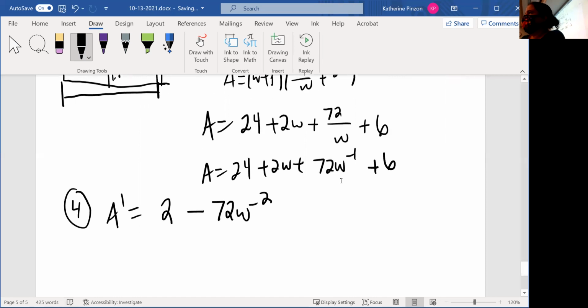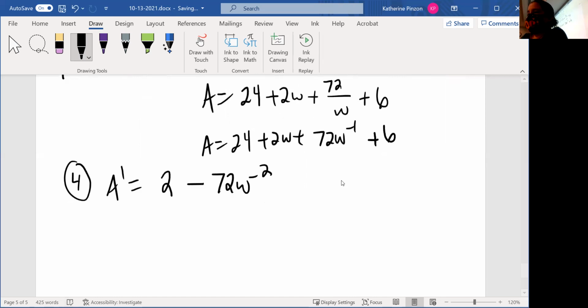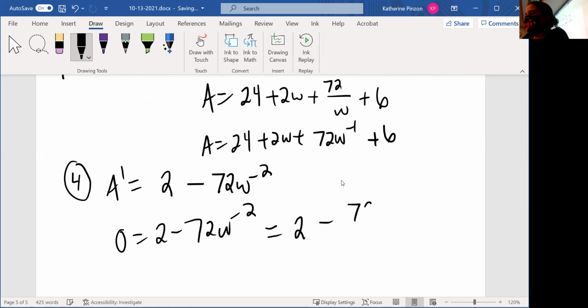Okay, and then what do I do? Equal it to 0. Okay, I'm going to rewrite this right-hand side as 72 over W squared.